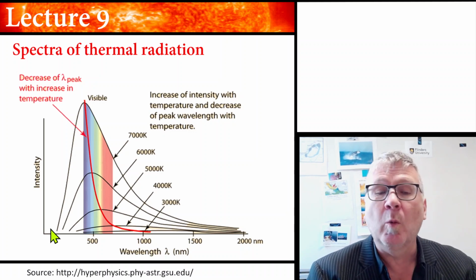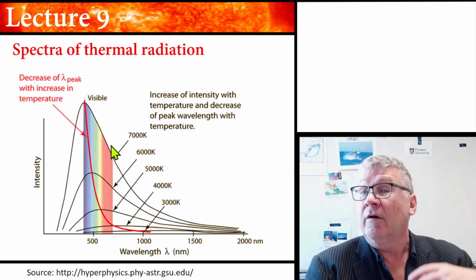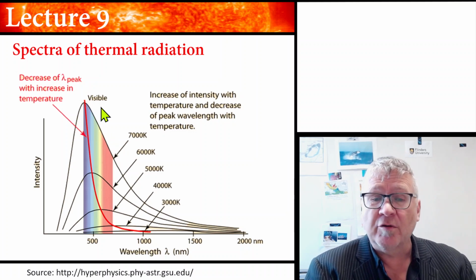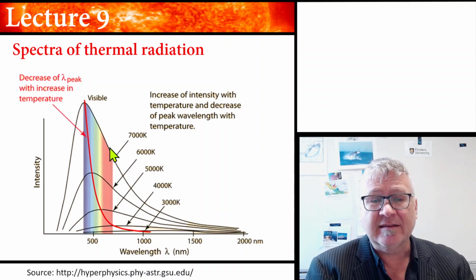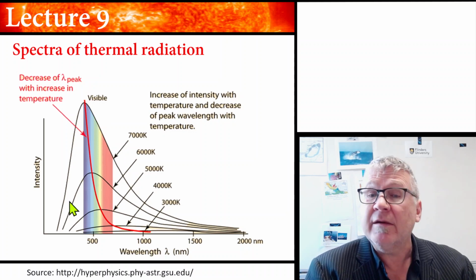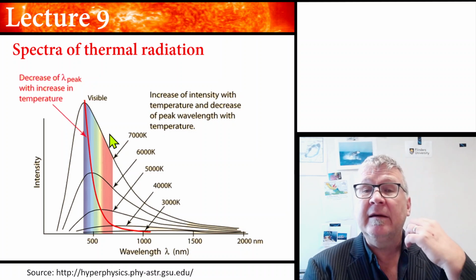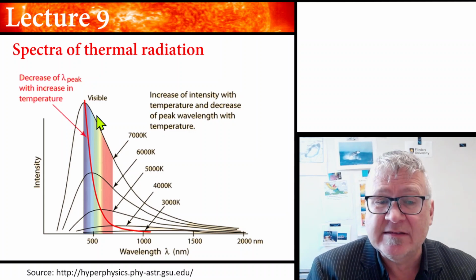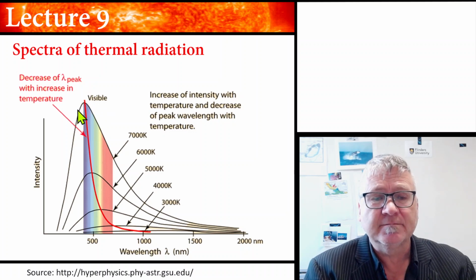For example, the outermost line here shows the spectrum for solar radiation, corresponding to 7,000 degrees Kelvin of surface temperature. You see the spectrum, and the key feature is that you get a maximum intensity around a specific wavelength.